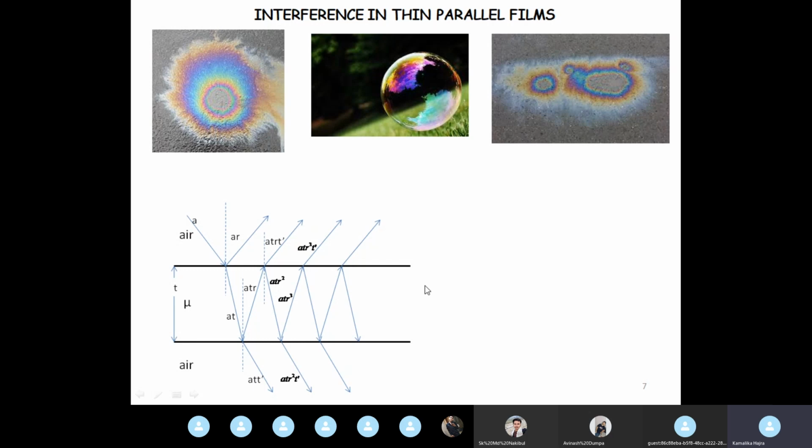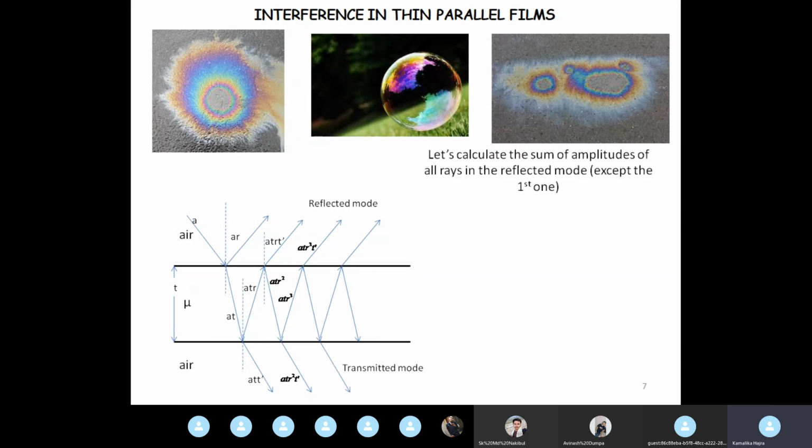Theoretically there will be many more rays, but their amplitudes will be drastically less as you move to rays further away from the incident ray. This is called the reflected mode, because the first ray on this side is reflected. This is called the transmitted mode, because the first ray on this side is transmitted.